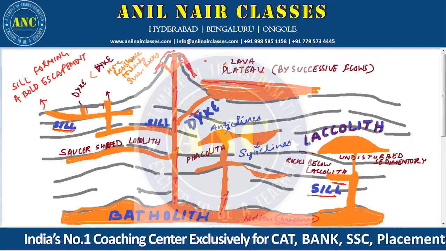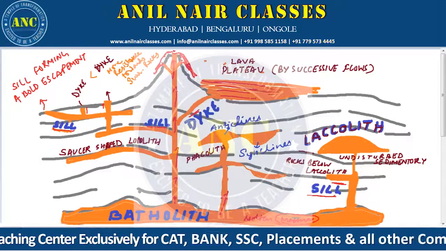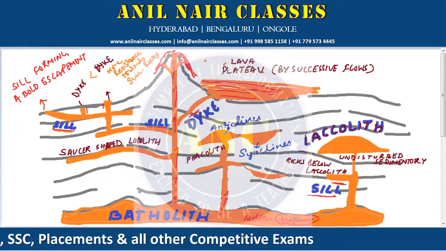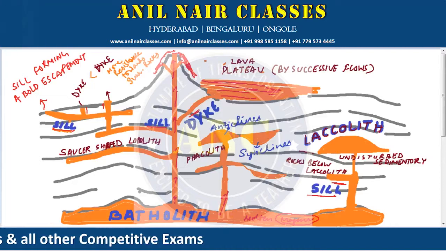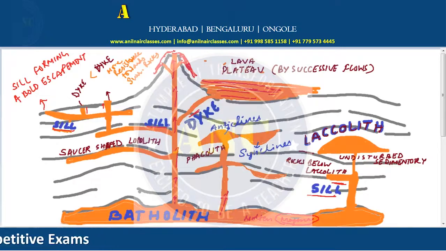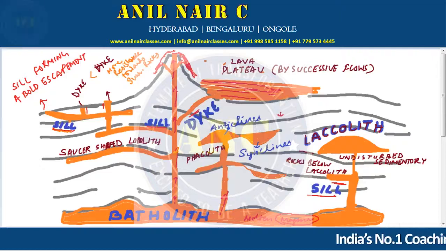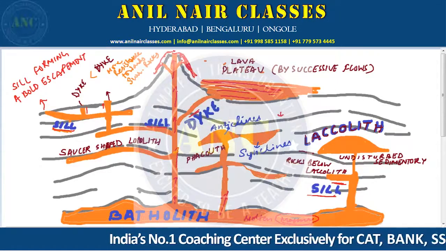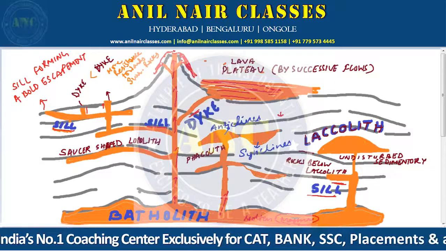When it starts cooling and solidifies, what happens? If it is within the crust, that is if it is inside, then it is called plutonic rocks, which are also called intrusive landforms.